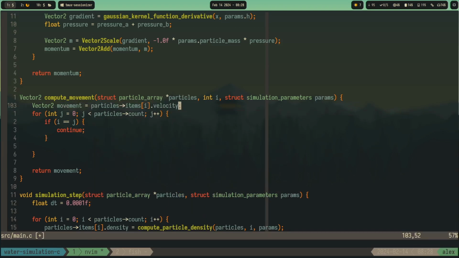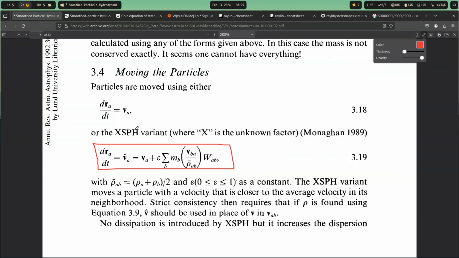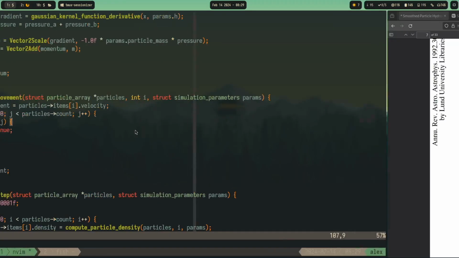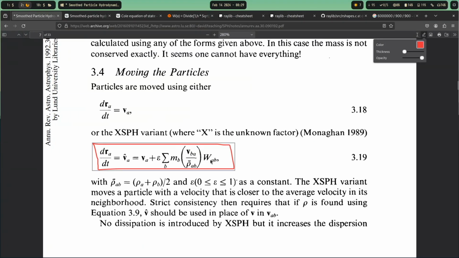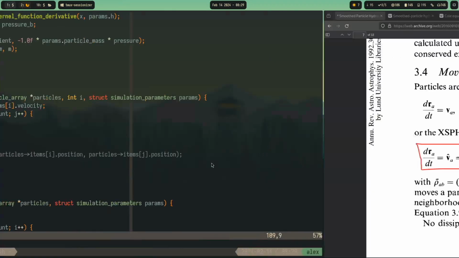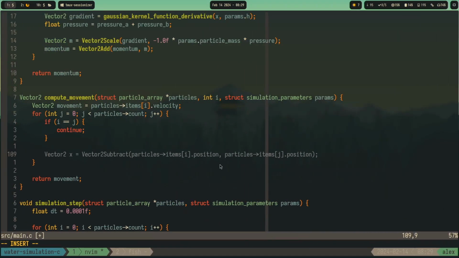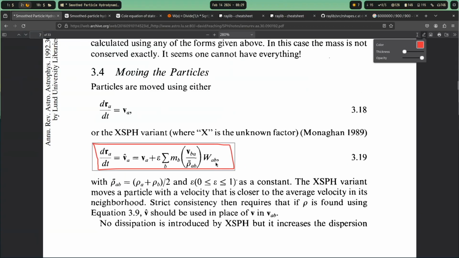We start with the velocity. Okay. And then we have to do this addition. So like before, we subtract to get the x.